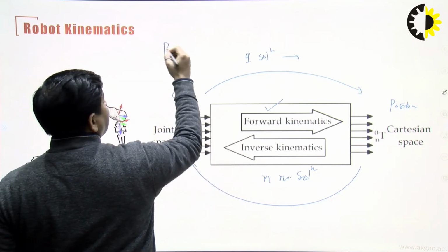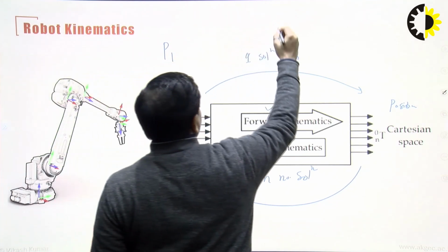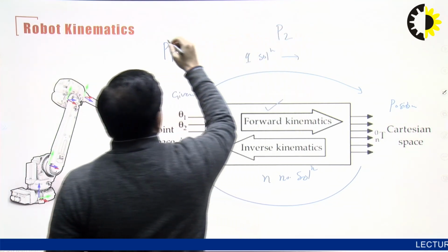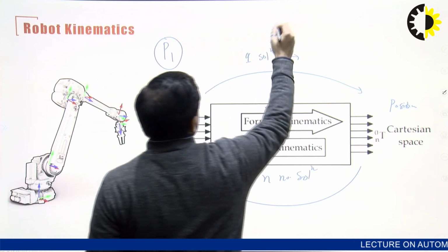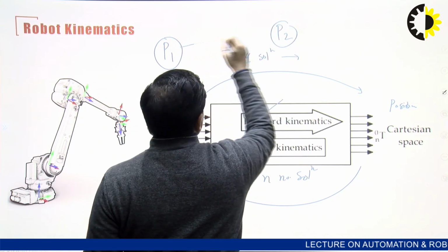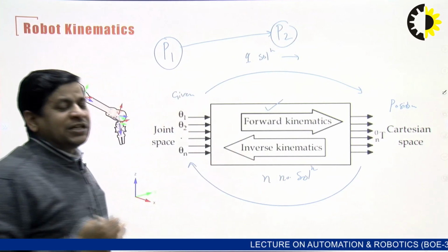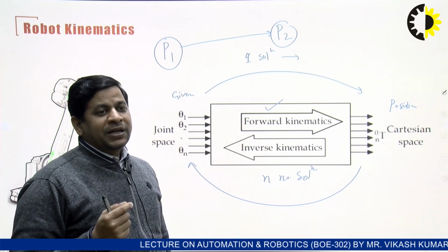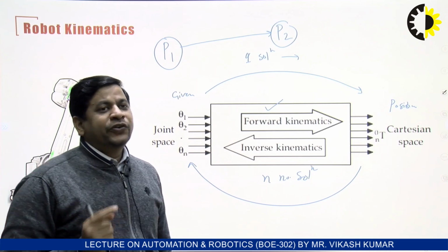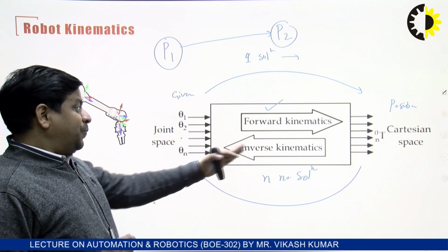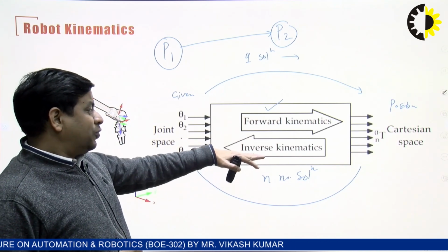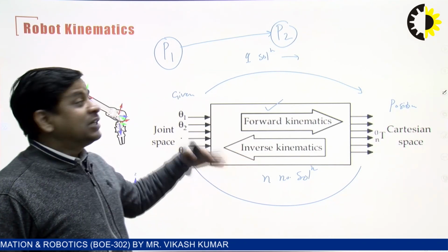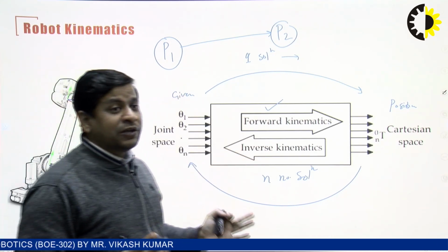Like, suppose this is our space where I have to move my robot from location 1 or point 1 to point 2. If there is a limited solution to achieve that particular trajectory, it means the robot is not going to be confused. But suppose you consider the inverse kinematics case where the number of solutions is more than one.